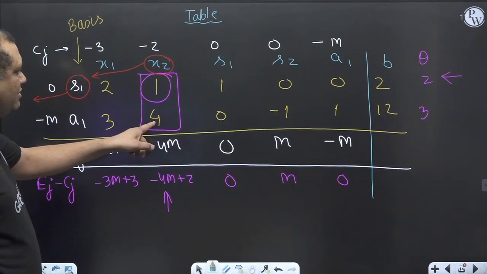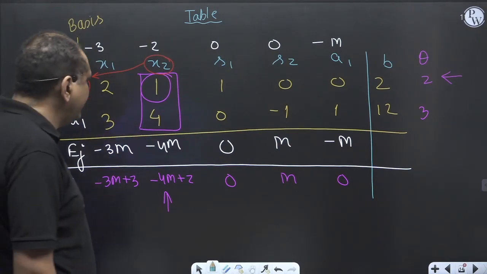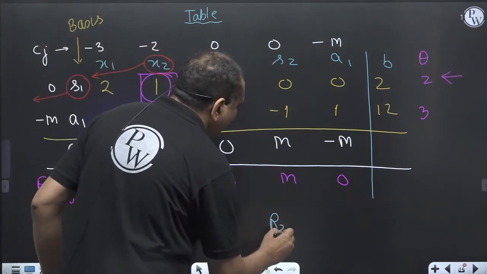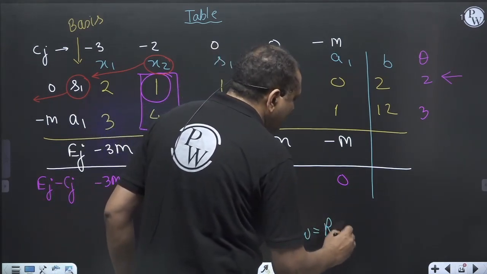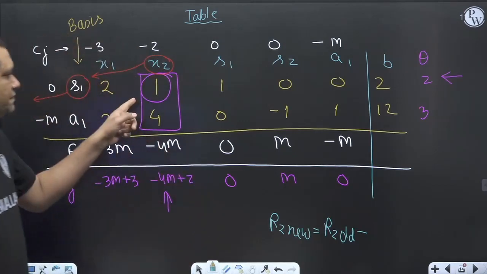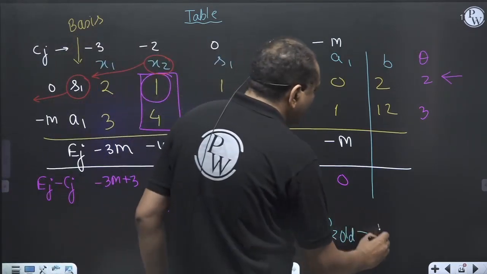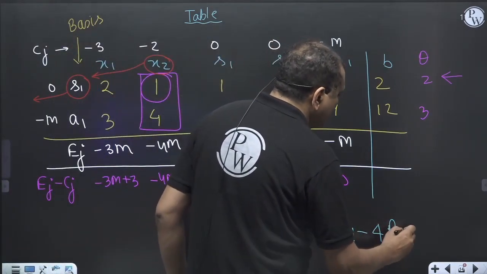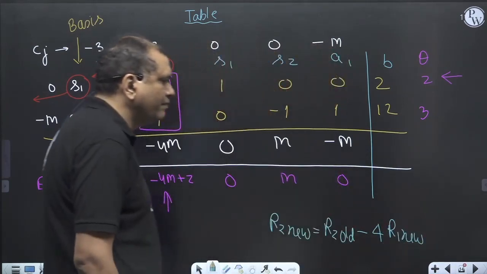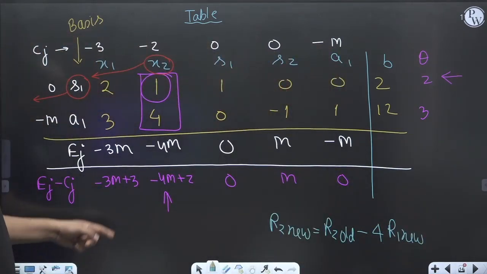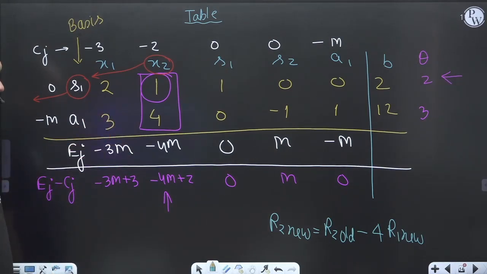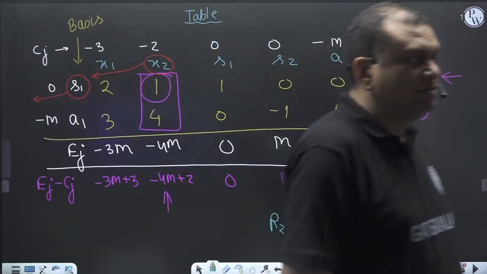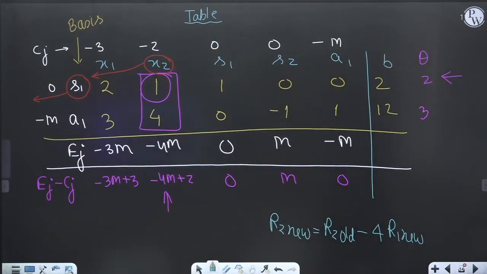But I have to make this value 0. How to do it? R2 new is nothing but R2 old minus 4 times R1 new. Same procedure, you can do it and give me the second row. Just waiting so that you can.